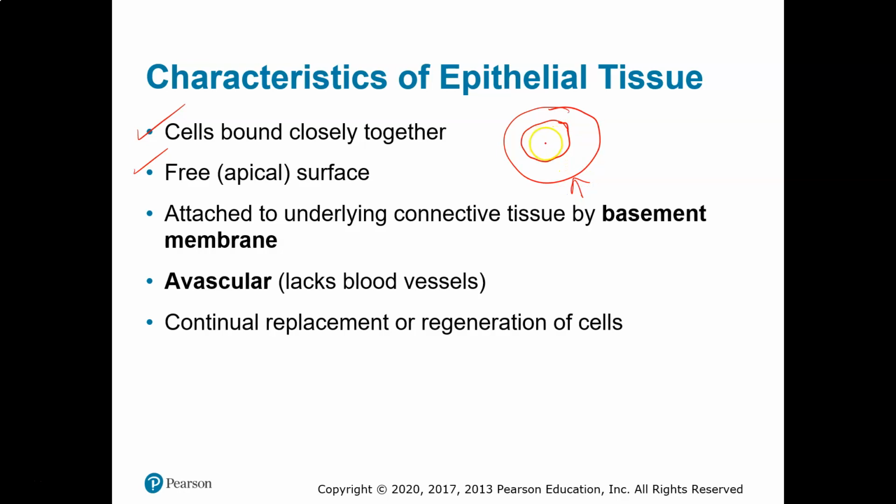Then you've got epithelial that covers the inside lining, and the surface that faces the opening in your intestines is called the apical surface. So a free surface that is not connected to anything else is called the apical surface. And then the epithelial tissue is always attached to the underlying connective tissue by a basement membrane.